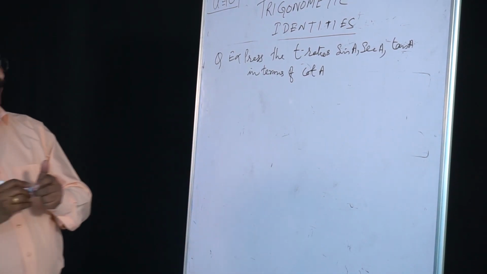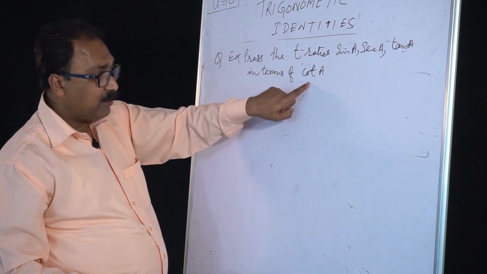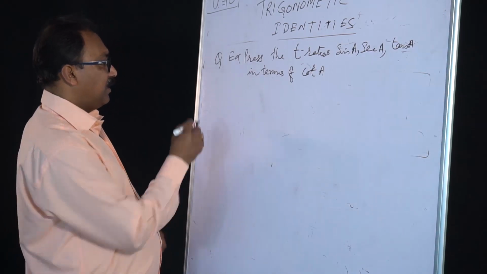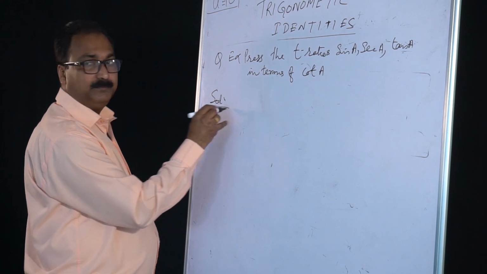So all these values, this also has to be expressed in cot A, this also is cot A, this also is cot A. Okay? Now we start the solution. How to utilize this? Clear?